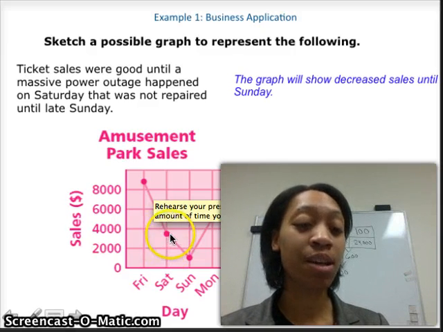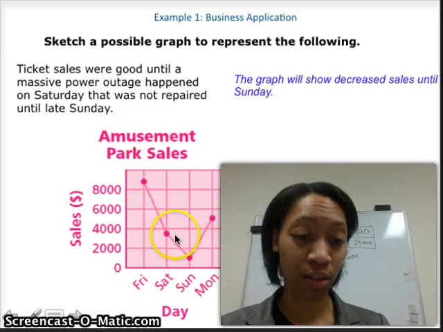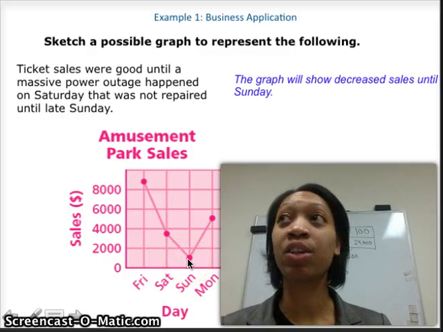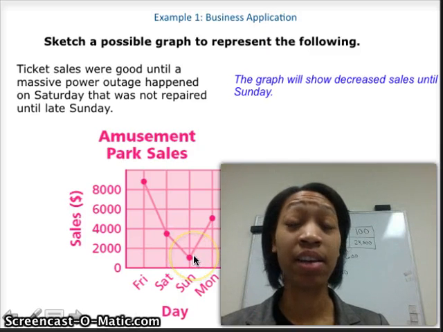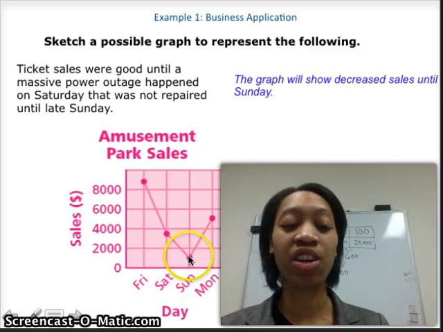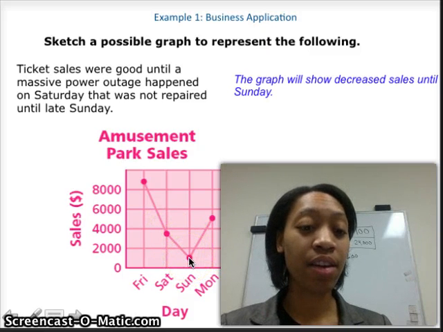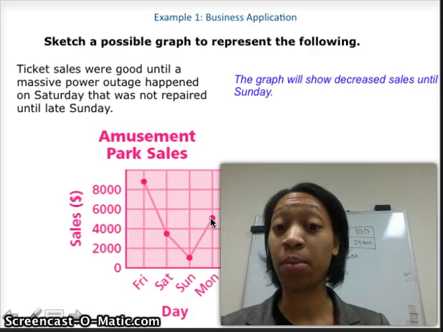So they had some sales on Saturday, but then it needs to come down. And then on Sunday, it wasn't repaired until late Sunday. So that means that most of the time Sunday, they weren't getting any money until the very end when they started to make just a little bit. But they probably made less than Saturday, right? And then Sunday it was repaired, and then Monday it starts working again. So Monday's going to be going back up.